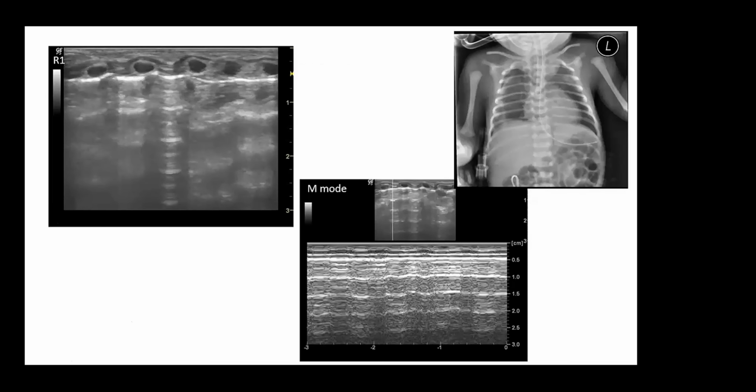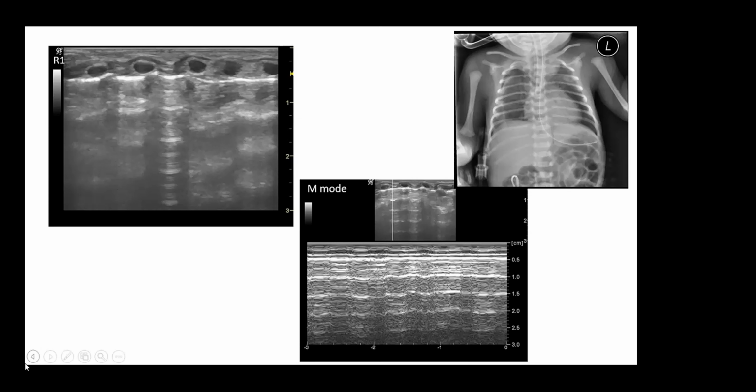I think what I'd highlight with this case is the fact that you're going to be able to make this diagnosis very quickly with lung ultrasound, as opposed to having to wait for the chest X-ray and expose the baby to radiation. I think there is, however, a learning curve where, while you're learning, doing the chest X-ray helps to back up your diagnosis.